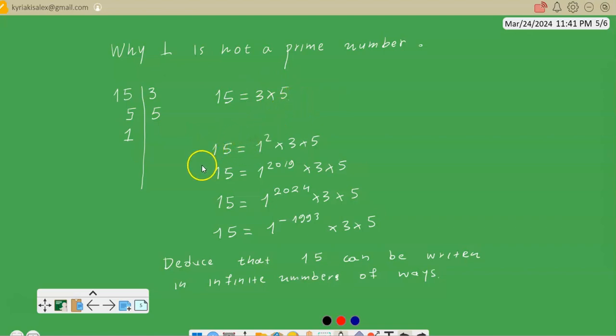So the final conclusion is that 1 is not a prime number, because then we can write any positive integer in an infinite number of ways, which contradicts the theory that we know.